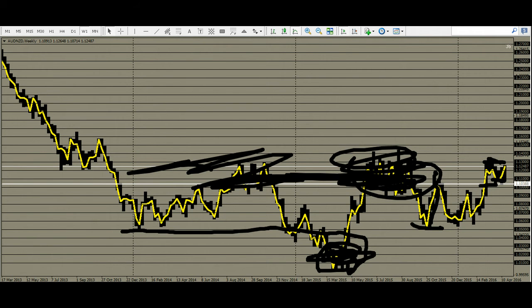Oh, well, how about a butter bat? "Although I couldn't find the answer whether the wick can exceed the 618 when trading potential Gartley. So I could be wrong. Care to comment?" Here's this comment.